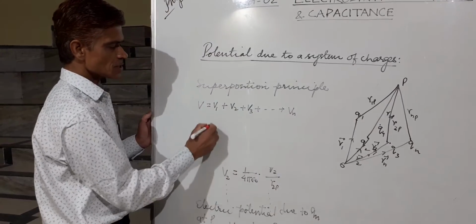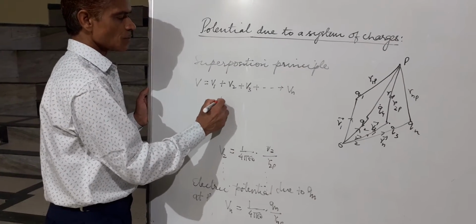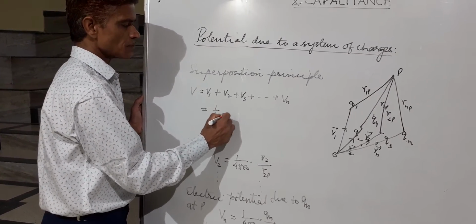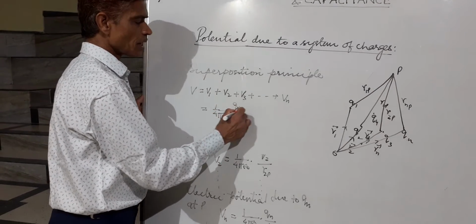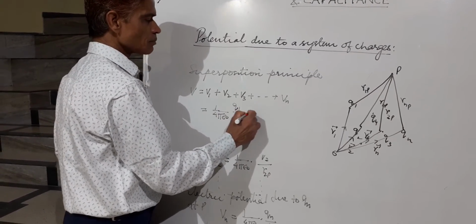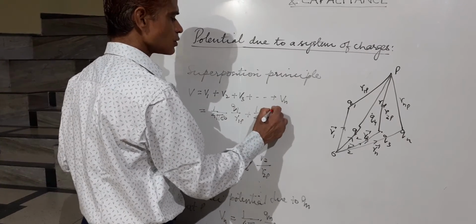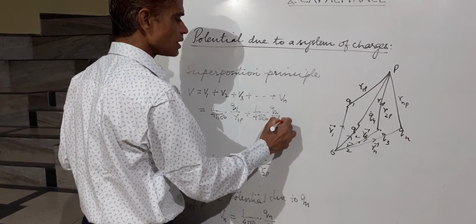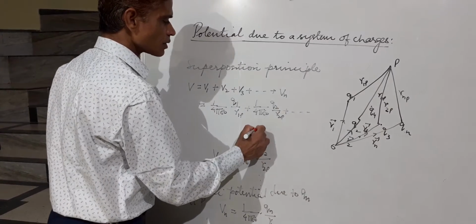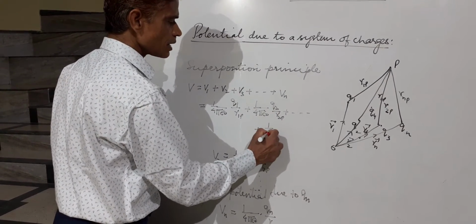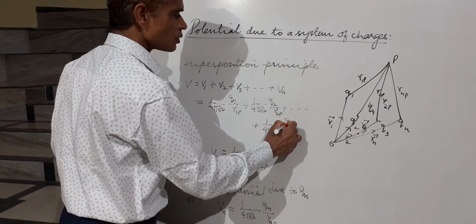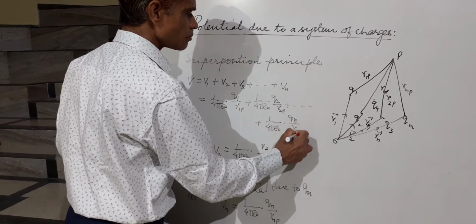So let us substitute these values. We get 1 by 4 pi epsilon naught Q1 by R1P plus 1 by 4 pi epsilon naught Q2 by R2P and so on, 1 by 4 pi epsilon naught Qn by RnP.